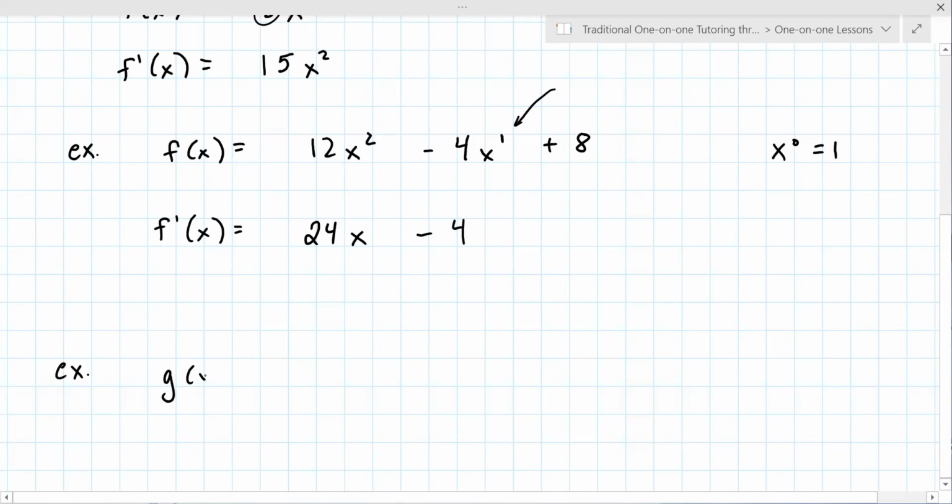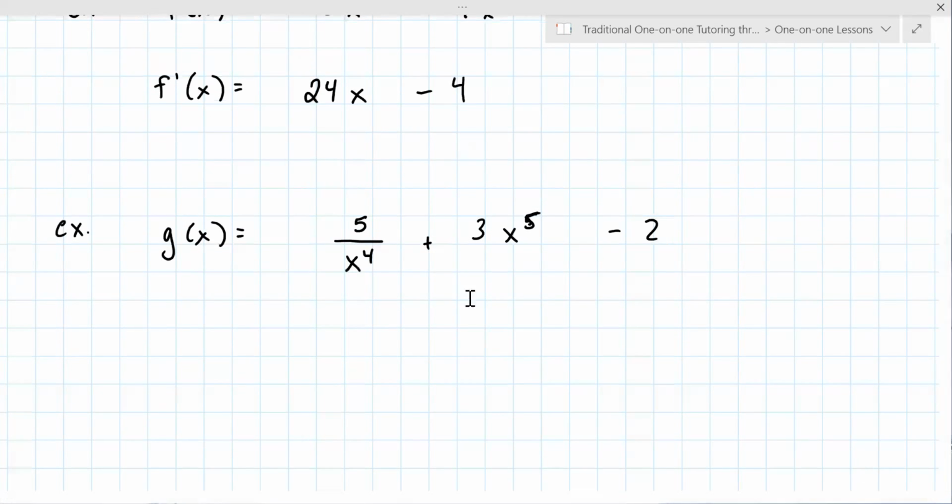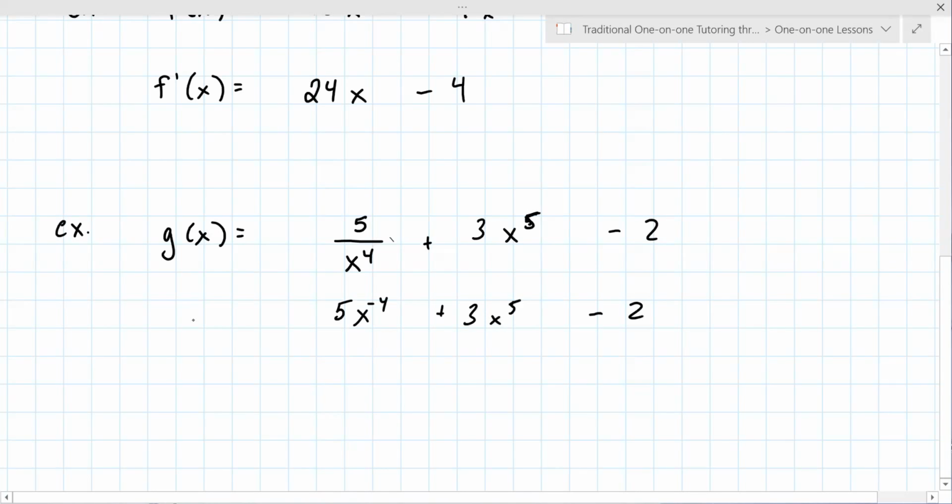Another example. We'll do g of x this time. g of x is 5 over x to the 4th plus 3x to the 5th minus 2. Do you remember what to do here with these problems? You bring the 4 up, which is negative 5x to the negative 4. This is just rewriting it.